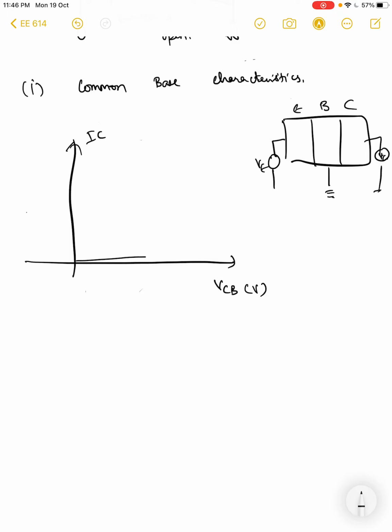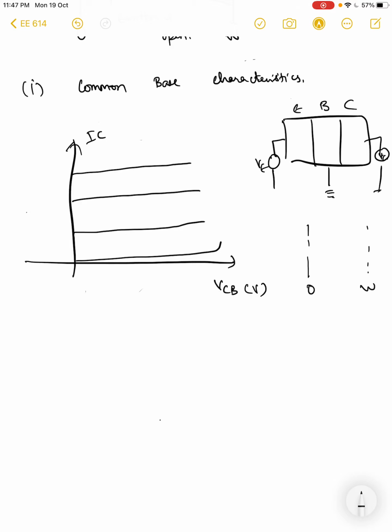And if VCB turns negative, right, we can see that if the collector potential is lower than the base, the base collector junction becomes forward biased, and when it is forward biased, as we previously saw, the current has to radically drop, right? Why? We saw this, right? So this is 0 to W, and if this is the base, as the base collector junction is forward biased, you will start to have more and more injection.